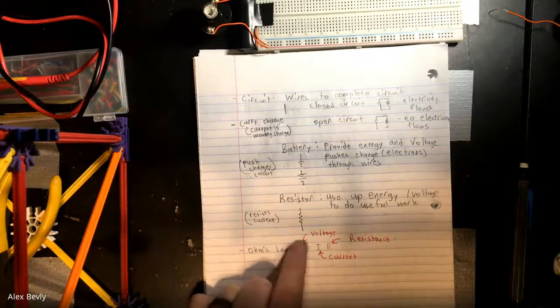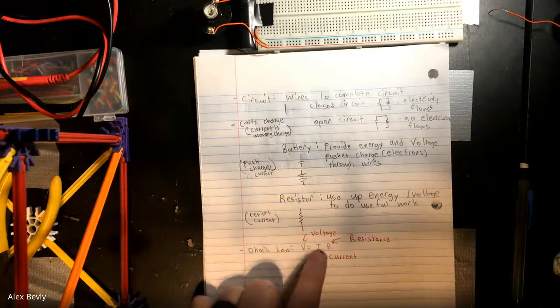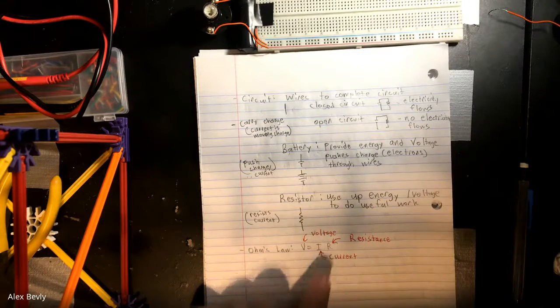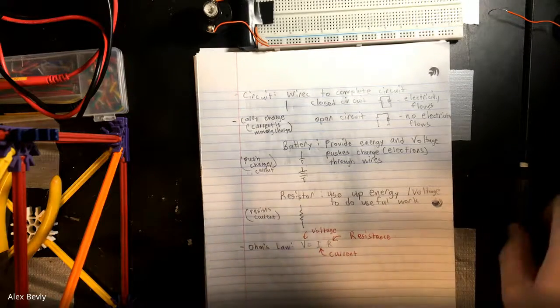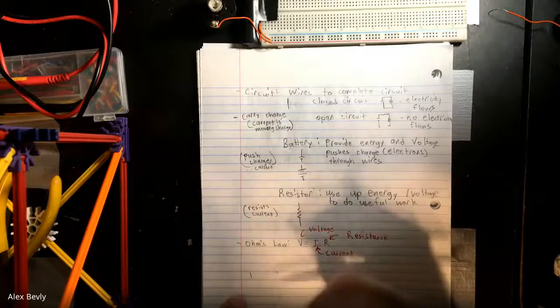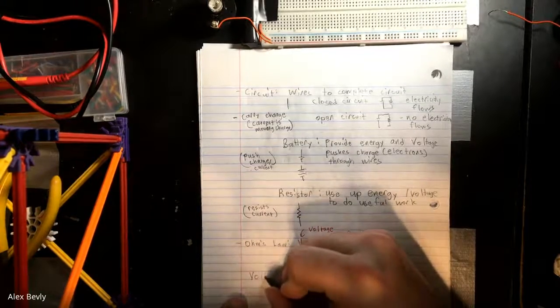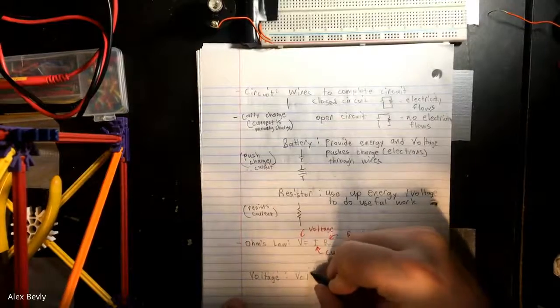So the voltage required is going to be the current sent through the circuit times the resistance in that circuit. And so, kind of writing this out, voltage: the units are volts.